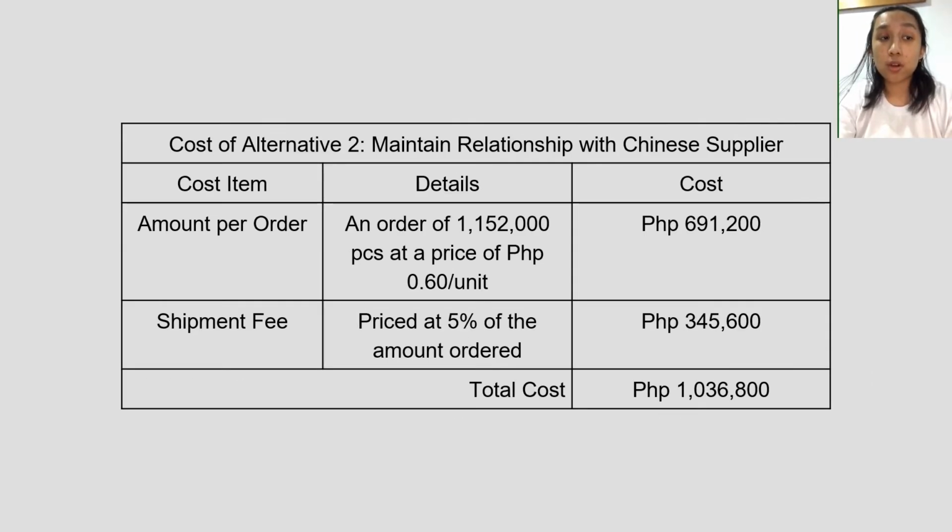Now, the cost of alternative 2, which is maintain relationship with Chinese supplier, is actually the benefits of alternative 1, which is the amount per order and shipment fee, as it is a direct contact wherein if you buy machines, every saving from ordering from the Chinese suppliers is the benefit.